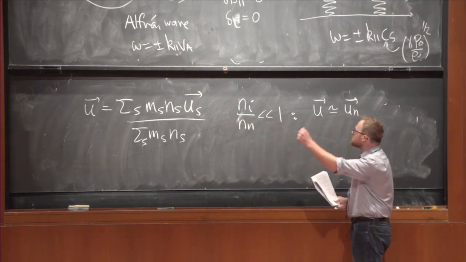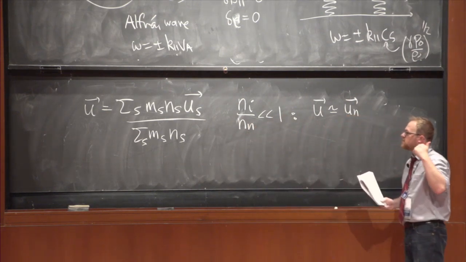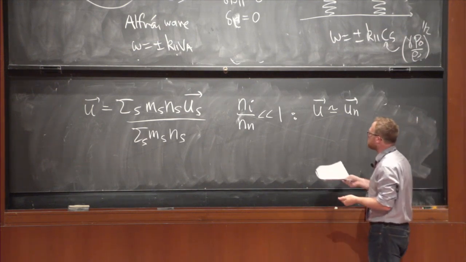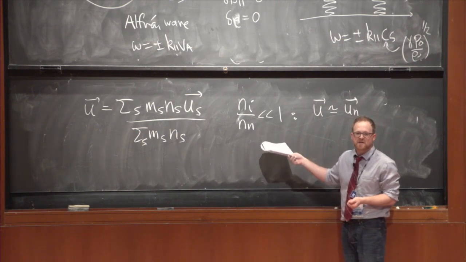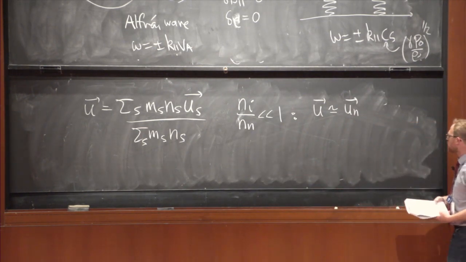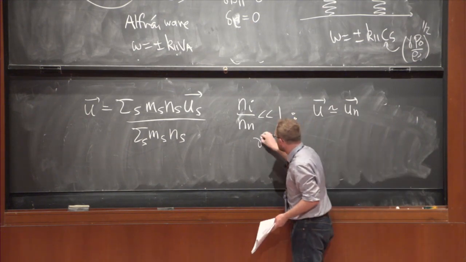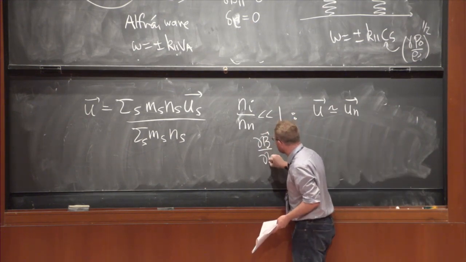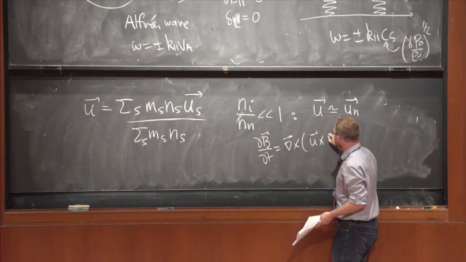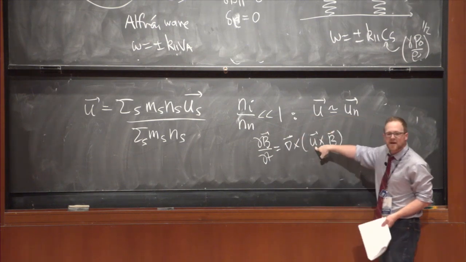So you can ask a question: do the equations that I've been talking about still hold when you don't have that many charge carriers? The answer is yes, with some corrections. You can ask what changes. We have this induction equation. What is that velocity?